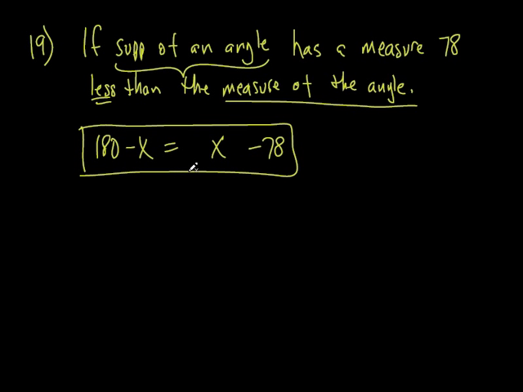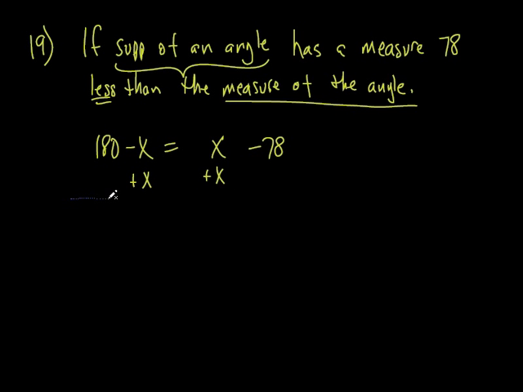So let's solve for x now. Let's add an x to both sides. You could have subtracted this x from over here, but I like to add the x just to keep it positive. And then let's get rid of the 78. I add 78 to both sides. Okay, bring everything down.